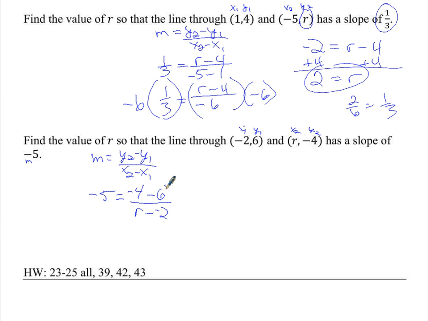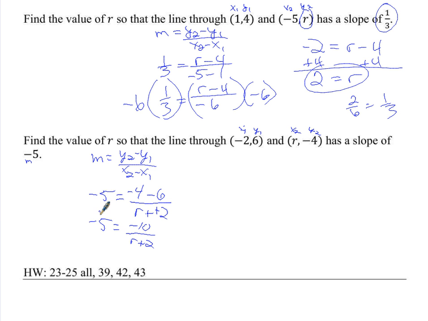It's -10. Okay, so I have -5 equals, the numerator here becomes -10. What does the denominator become? r plus 2. We change here. We can't combine these, so we just write r plus 2. Now what? Okay, cross multiply.